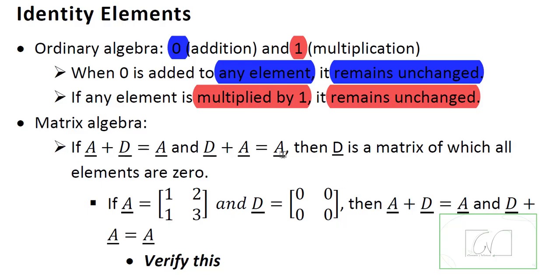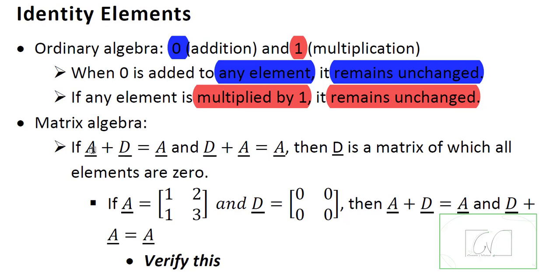So let me explain how the ordinary algebra and the matrix algebra are similar, and under what conditions they remain unchanged when 0 is added.